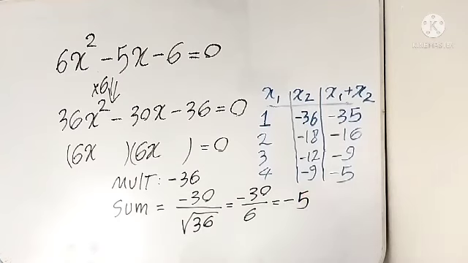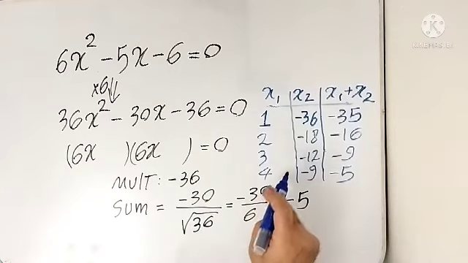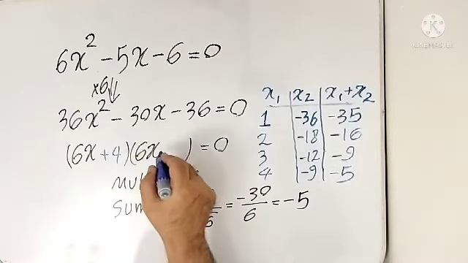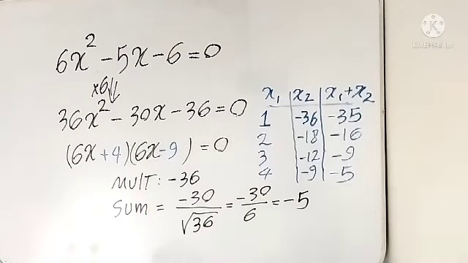So these are the numbers that we want. We must put these numbers in these parentheses, then set each of these parentheses equal to 0.